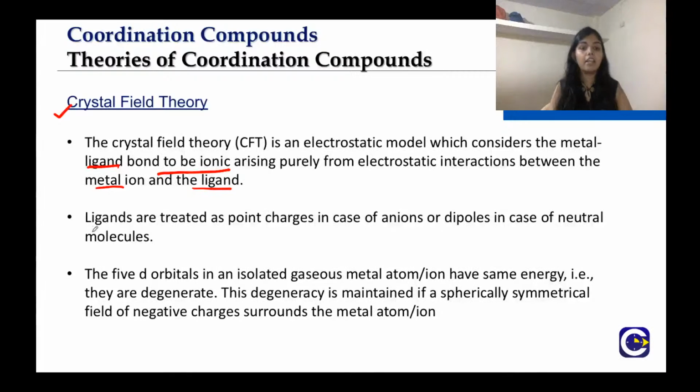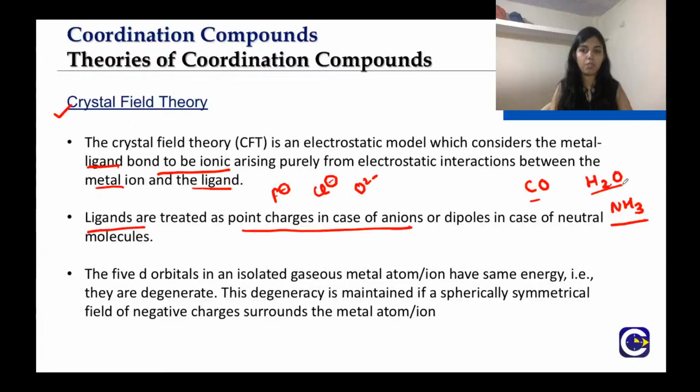It says that ligands are treated as point charges in the case of anions. For example, F minus, Cl minus, O2 minus are considered as point charges, right? And in the case of neutral molecules, for example CO, H2O, NH3, these are treated as dipoles.